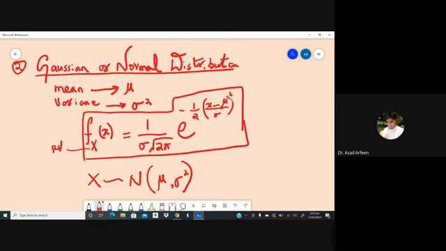If you want to derive it, the formula can be very easily obtained.